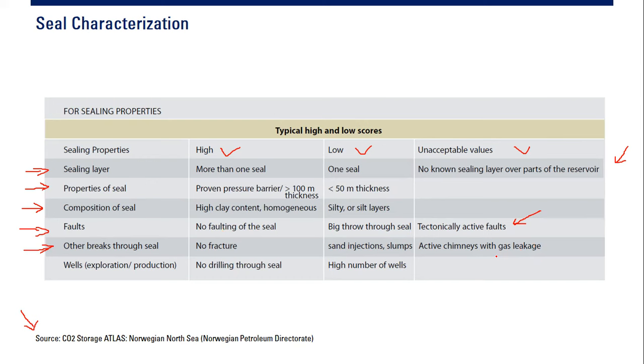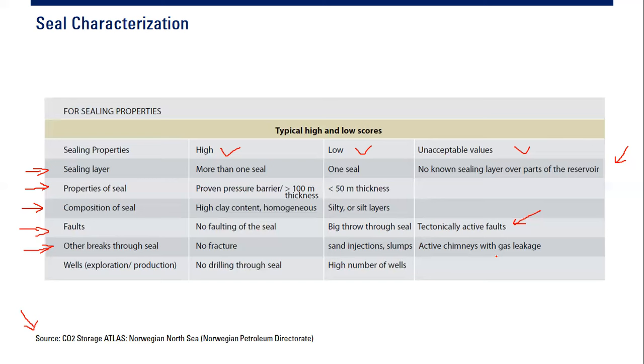You cannot rely on that seal. If you inject CO2 underneath that seal, the CO2 can and will leak off. You will have very low CO2 containment, which is a very important parameter in the performance of CO2 storage.